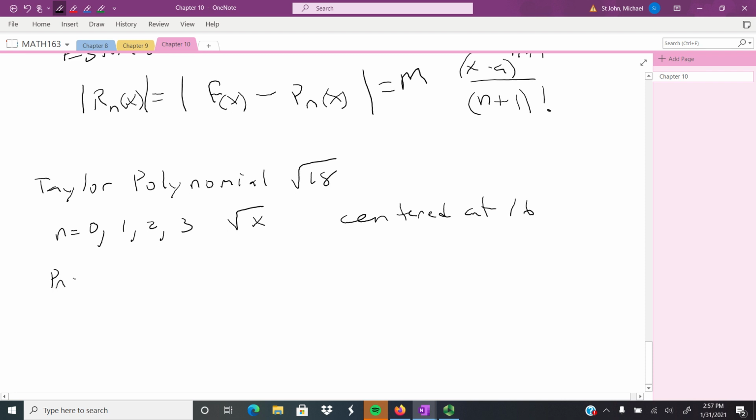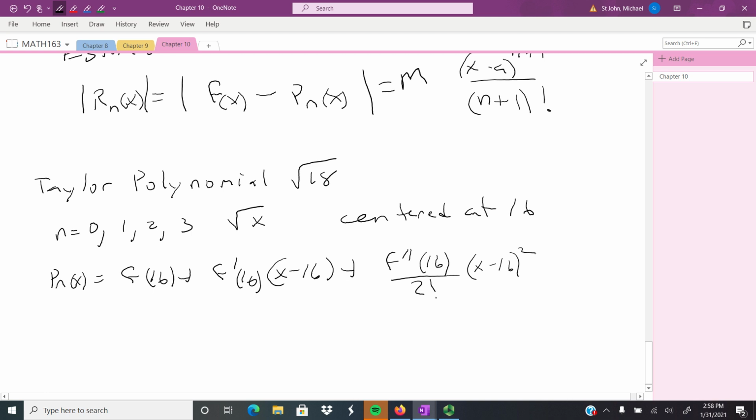So p sub n of x equals f of 16 plus the derivative at 16 times x minus 16, plus the second derivative evaluated at 16 over 2 factorial times x minus 16 squared, plus the third derivative evaluated at 16 over 3 factorial times x minus 16 cubed.